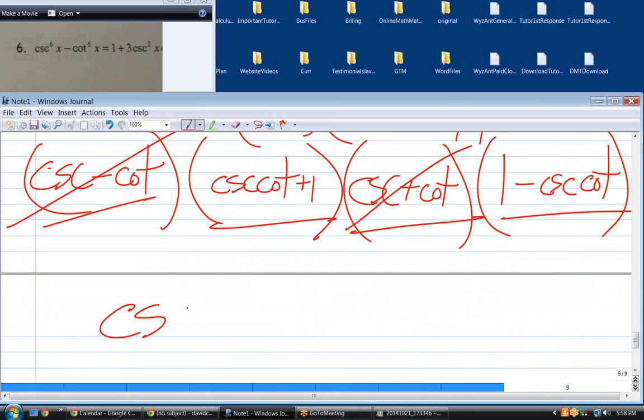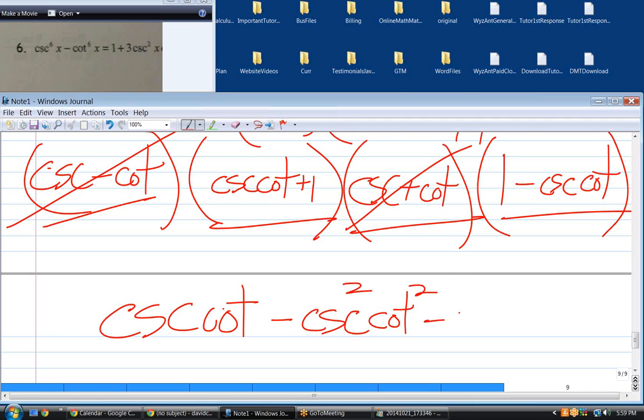Well, that's cosecant cotangent minus cosecant squared cotangent squared, minus cosecant cotangent, minus cosecant cotangent.